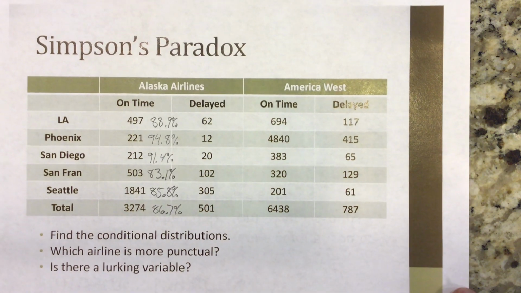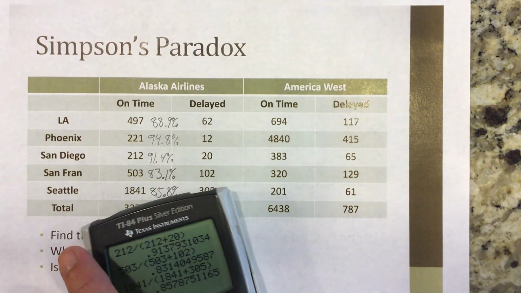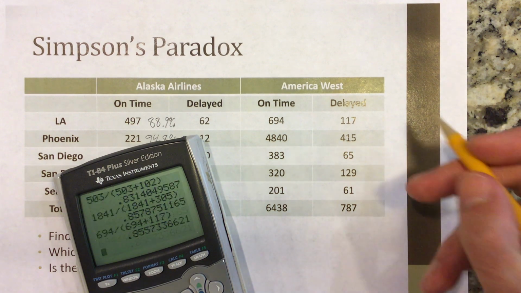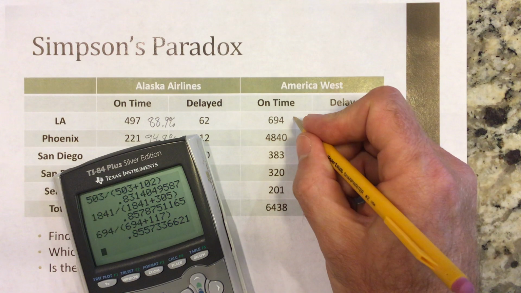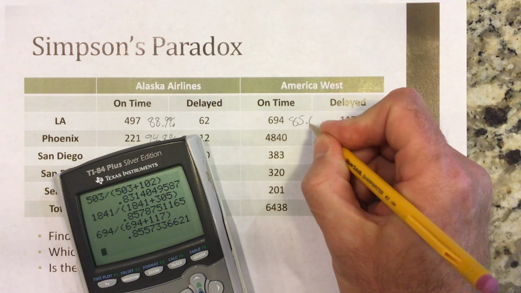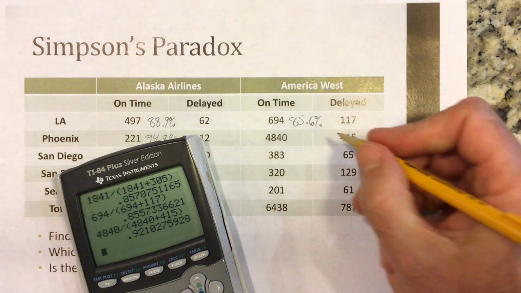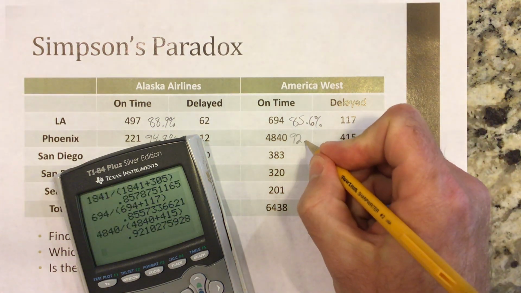Let's now do America West by airport. So LA, 85.6. Phoenix, 92.1.